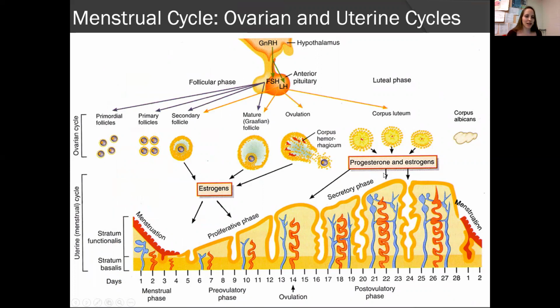The corpus luteum is releasing progesterone and estrogen, the progesterone in particular causing this buildup of endometrium that we see in the yellow at the bottom. And then when the corpus albicans develops, because there's no more LH stimulating it, that means there's no more progesterone being produced, which means menstruation begins.